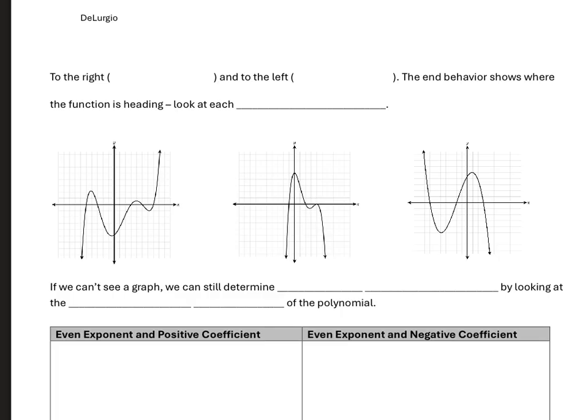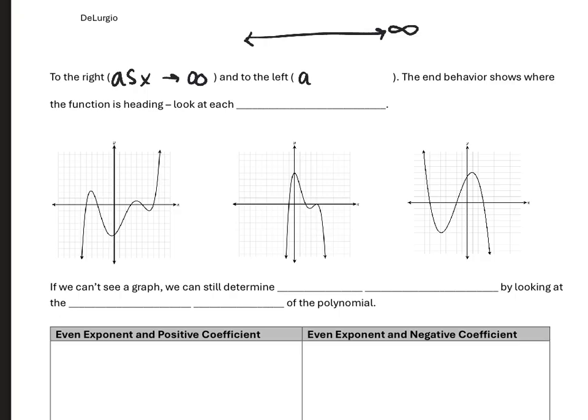Okay, to write end behavior to the right, we say as x approaches infinity. That means to the right, because this direction to the right is headed to positive infinity. So end behavior to the right, we always say this, as x approaches infinity.